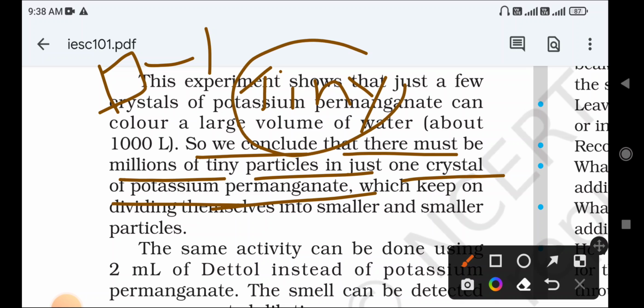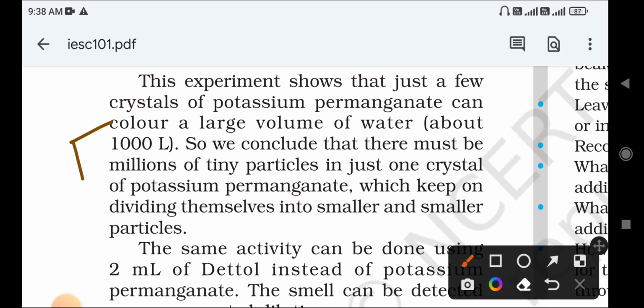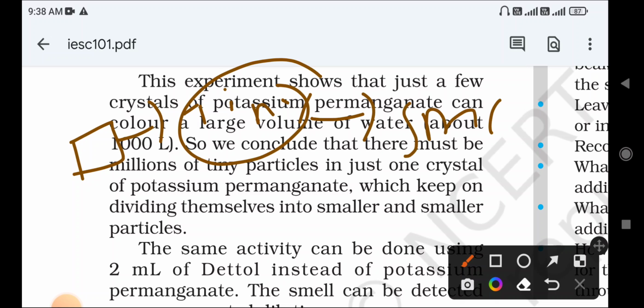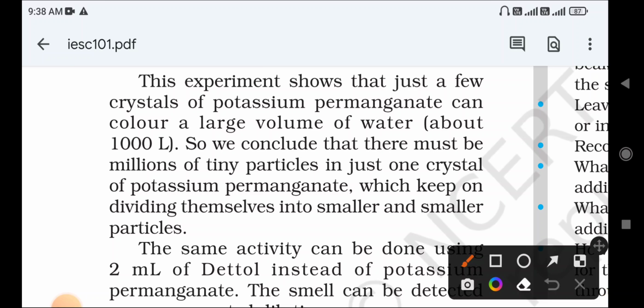This single crystal contains millions of tiny particles of potassium permanganate, which keep on dividing themselves into smaller and smaller particles. This is the reason why the water is changing its color, because the particles are again divided into smaller and smaller particles.